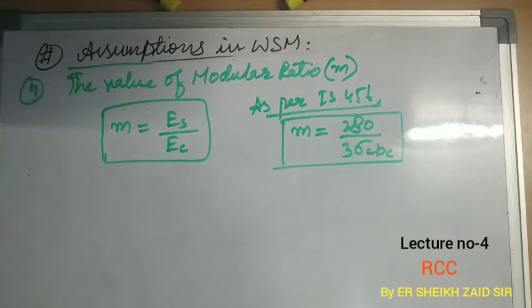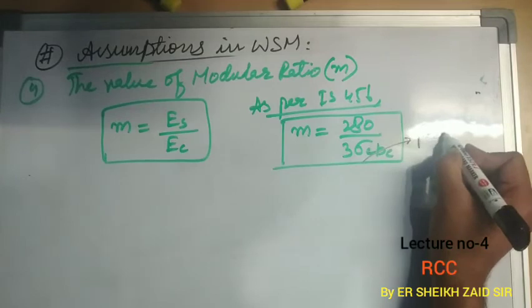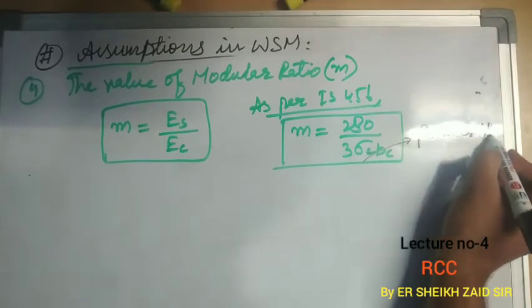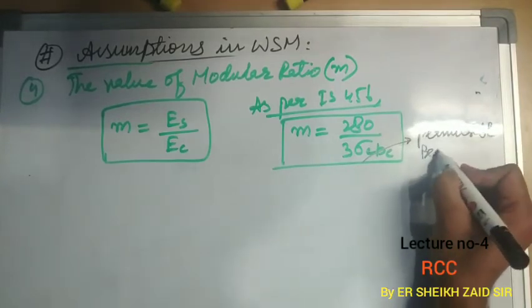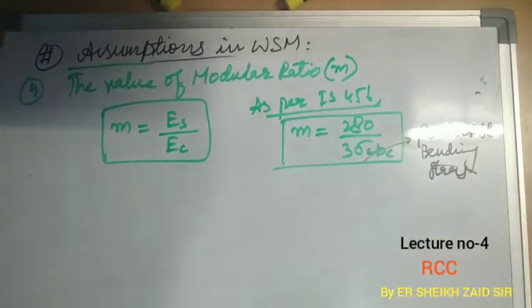That is the permissible value of bending stress. So this is all about the modular ratio.